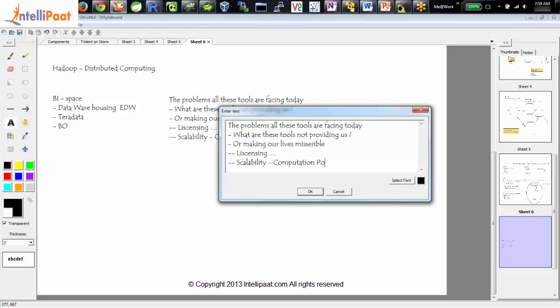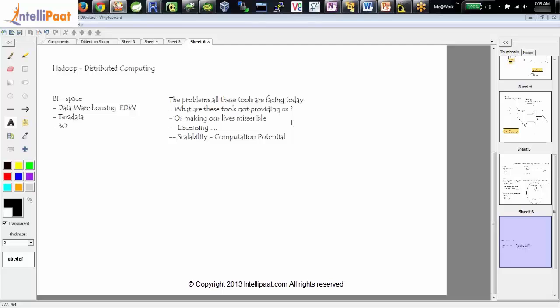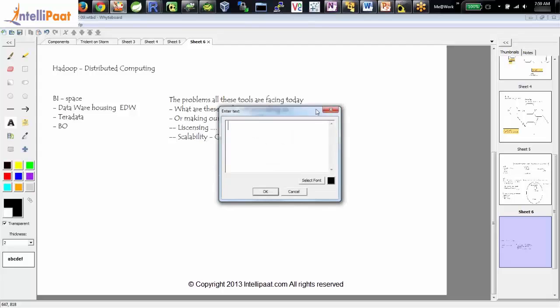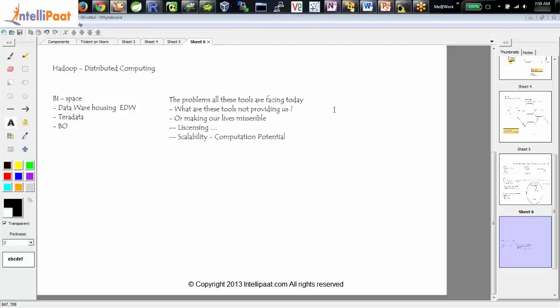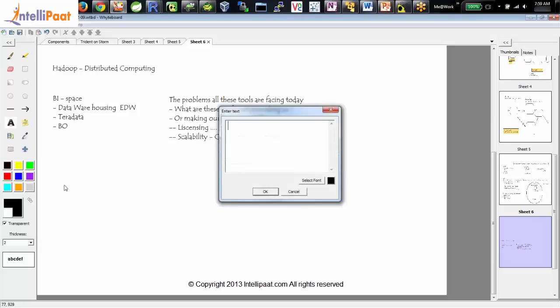Computation potential, right? Now this does not really talk about what we are trying to say over here. What we are trying to say is, again, going back to our brain story.